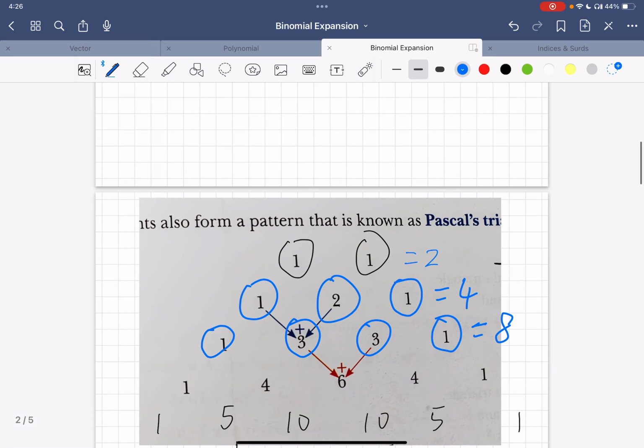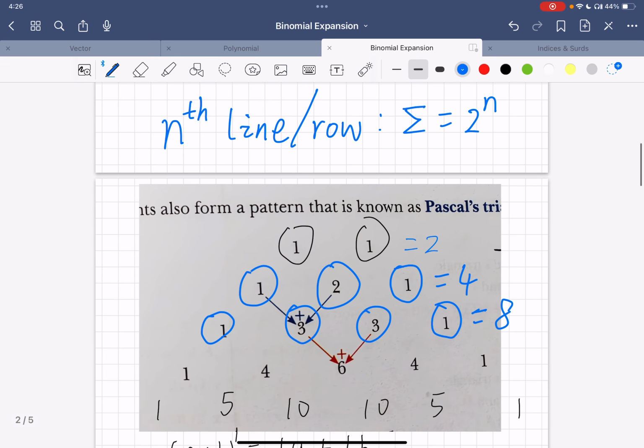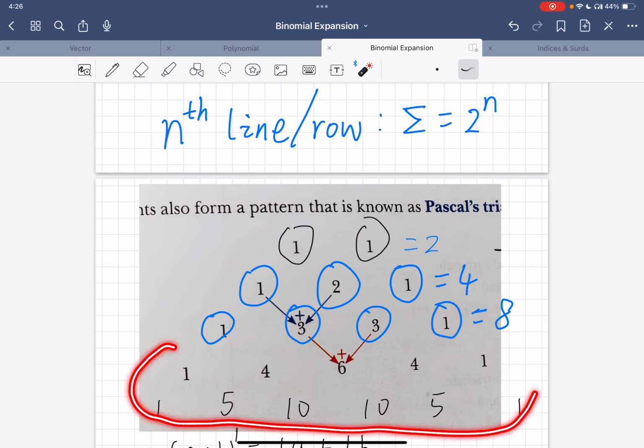For the nth line or nth row, we have a common pattern here: the sum equals 2 to the power n. Okay, 2 to the power n here. So you can prove this result in the following rows.